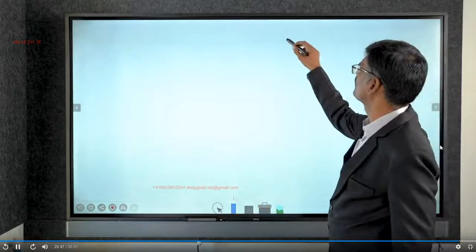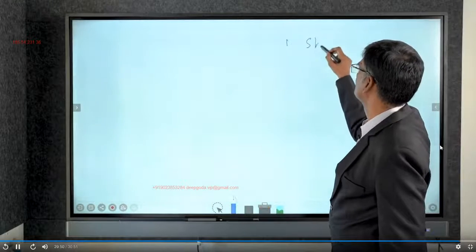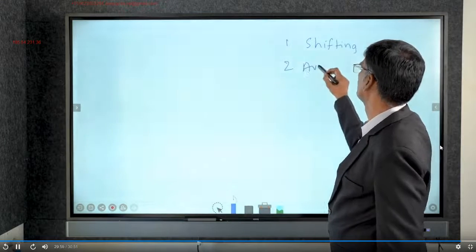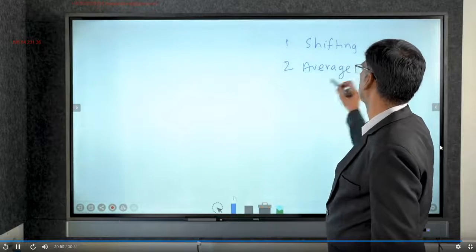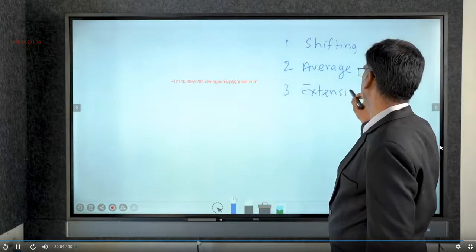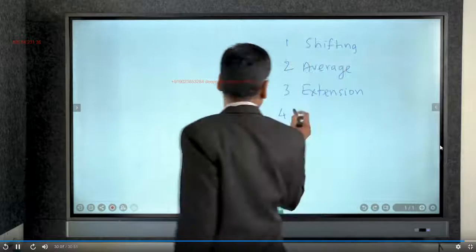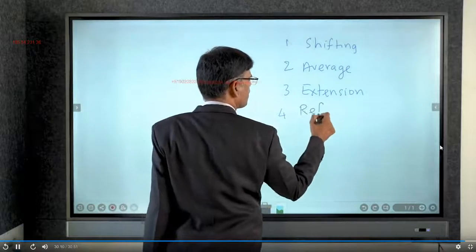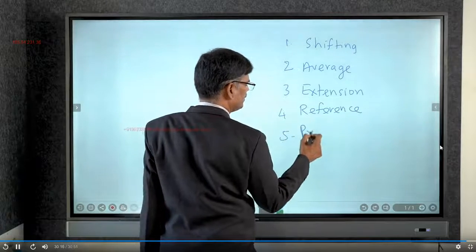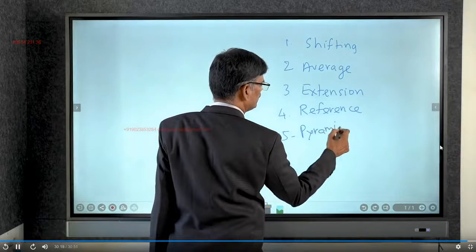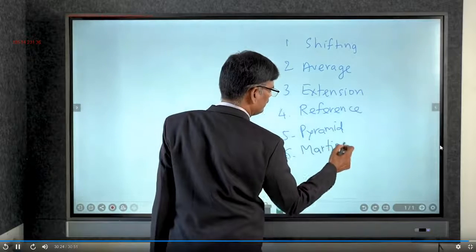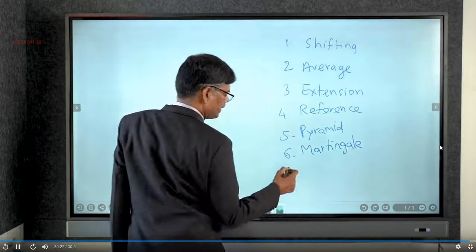Firefighting techniques we have seen: shifting, averaging, extension, reference rate, pyramid, martingale, and exit.